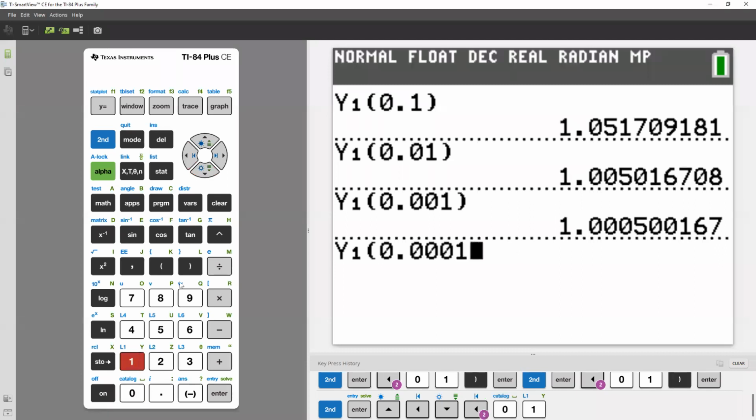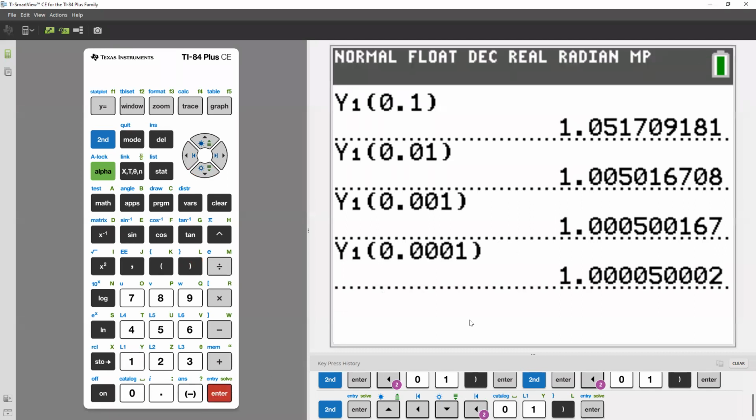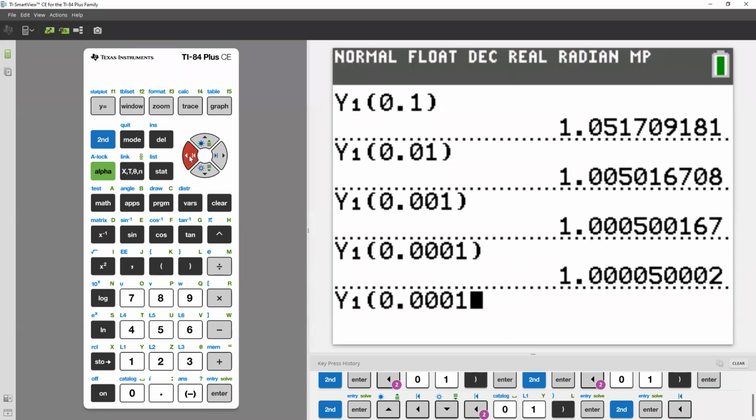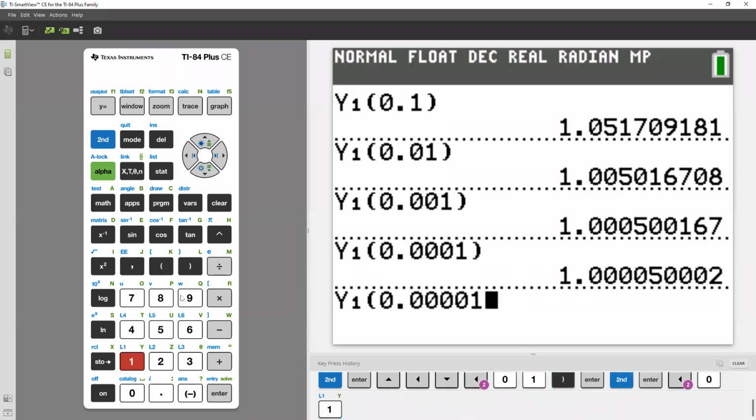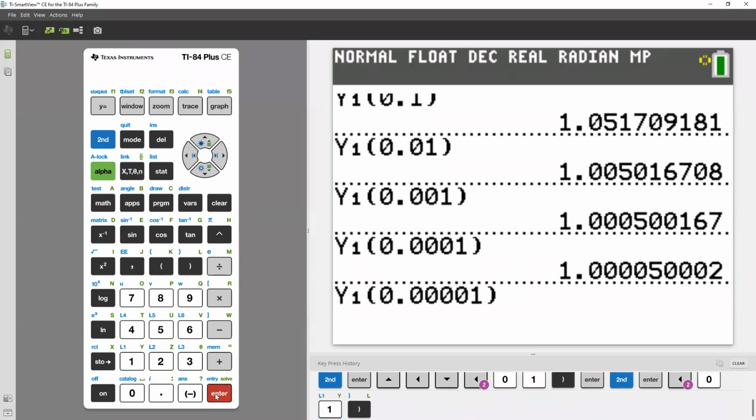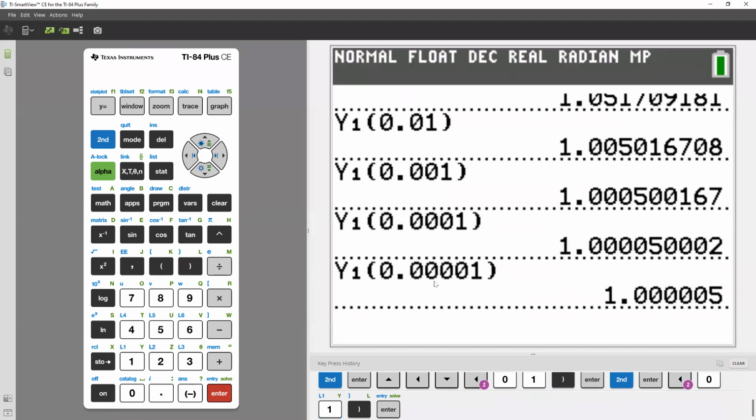So as the x input value is getting closer and closer to 0, the output value, the y value, is getting closer and closer to 1. Let's do one more. And so the limiting value is 1 as x approaches 0 from the right-hand side.